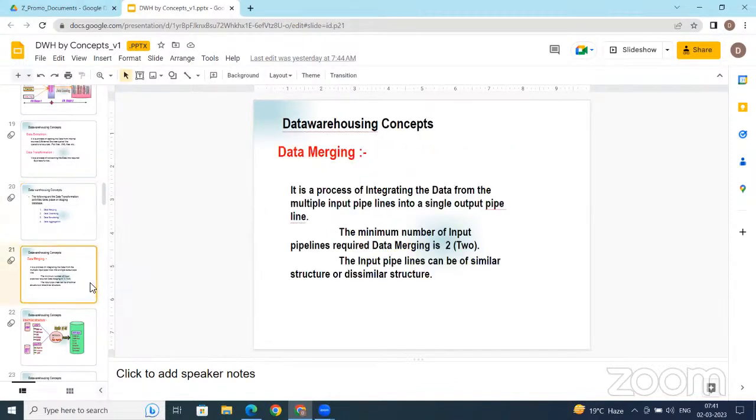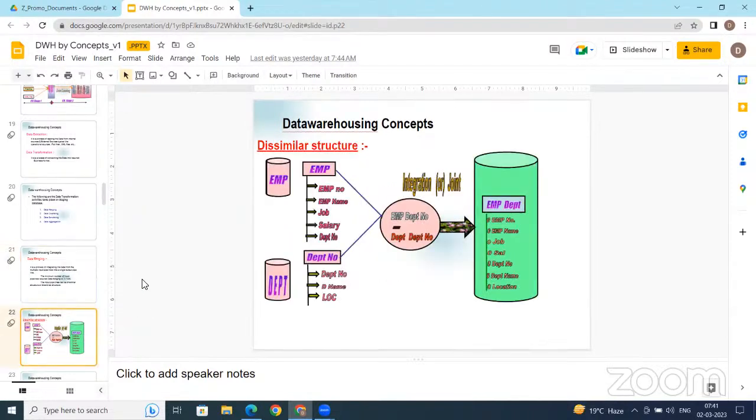Data merging means combining two tables or files into a single resultant. Here we deal with two types of data merging: one is similar structure, another is dissimilar structure. Dissimilar structure means the metadata is not common between the two tables.